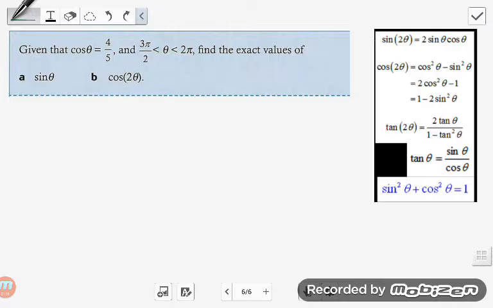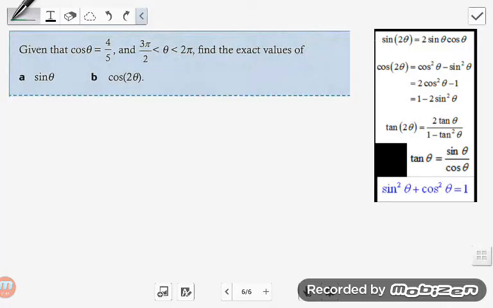That's why the cosine value is kind of weird, and we won't be able to find any angle on the unit circle that has an x coordinate of 4 over 5. So that's the reason why the unit circle is not going to help. We need to use our algebra skills with these properties to solve it.